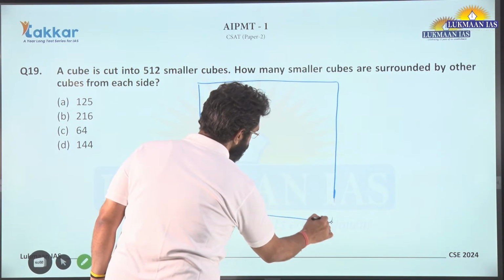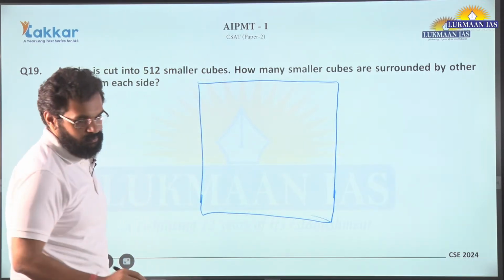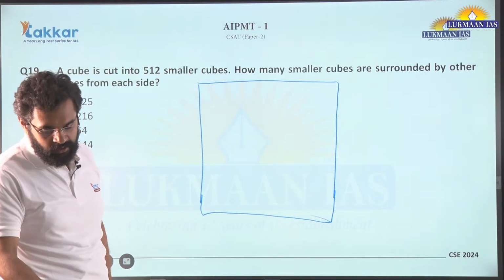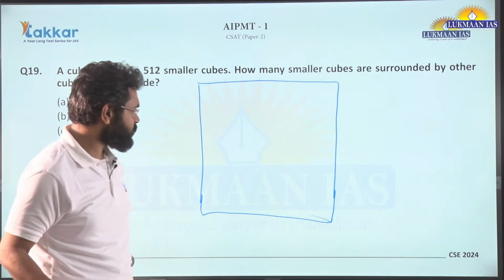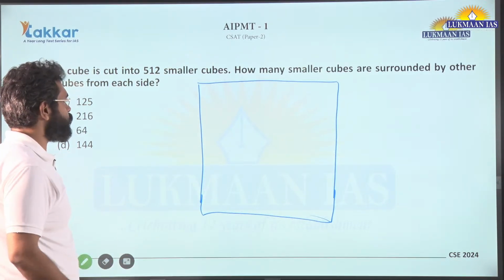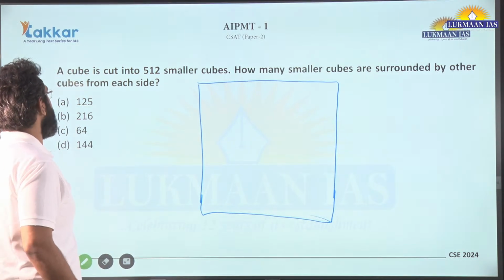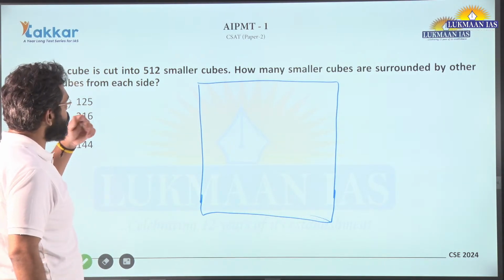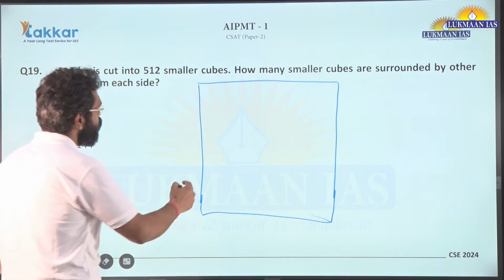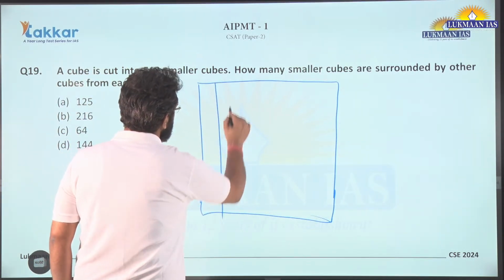There are many students who are not very good at remembering and recalling the formula. So we'll try to solve this question with the visualization method. Suppose this is the front face of the cube, and if we are supposed to cut it into 512 smaller cubes, we need to make at least 8 cubes on each side.